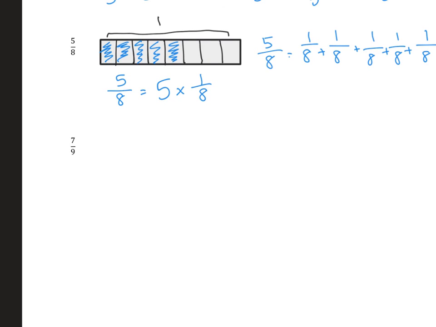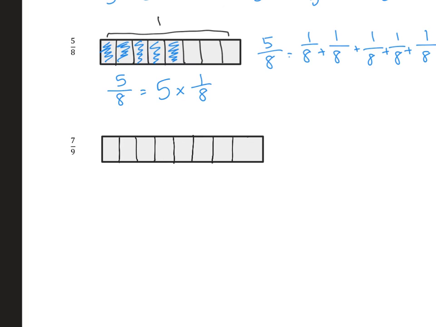I have 7/9. Okay. All right. So I'm going to have 9 pieces. 1, 2, 3, 4, 5, 6, 7, 8, 9. All right, and this is all going to be one whole because this is a fraction less than 1.